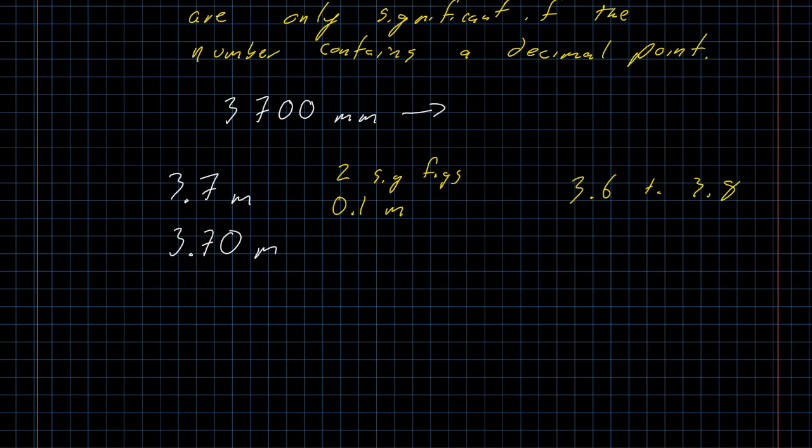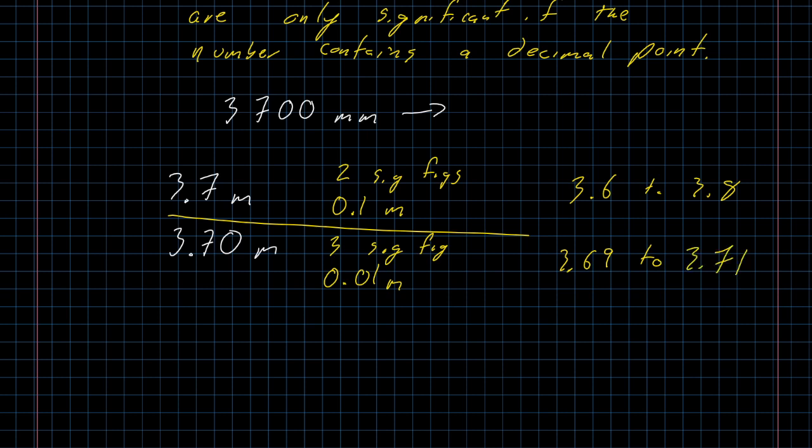When I write down 3.70, by contrast, this has 3 sig figs and is precise to 0.01 meters instead. So when I write down 3.70, that means bigger than 3.69 and smaller than 3.71. We have a much closer tolerance in this second version of the measurement than in the first. We used a better measuring tool.